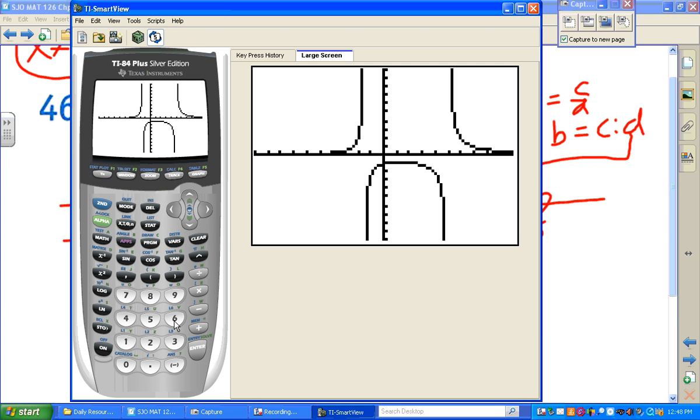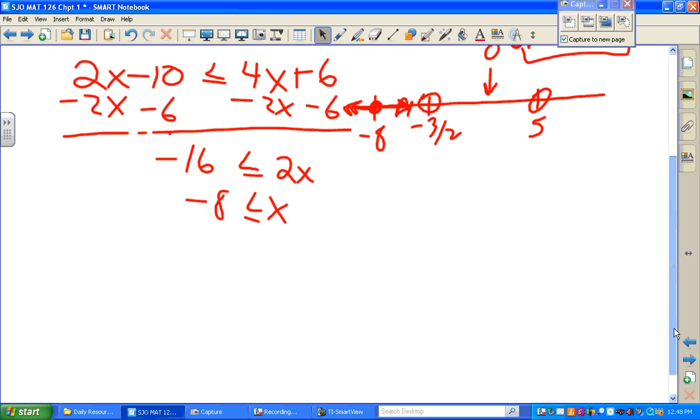Do you remember that from algebra? What do you think this number is right here? Where there's a break in the graph? 0? Not a hole. It is an asymptote. Very good.